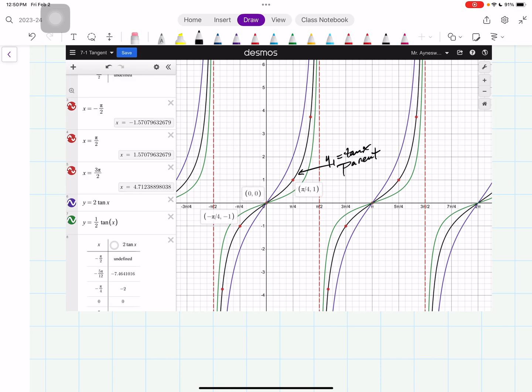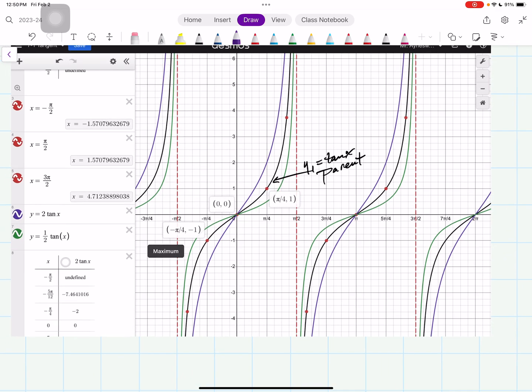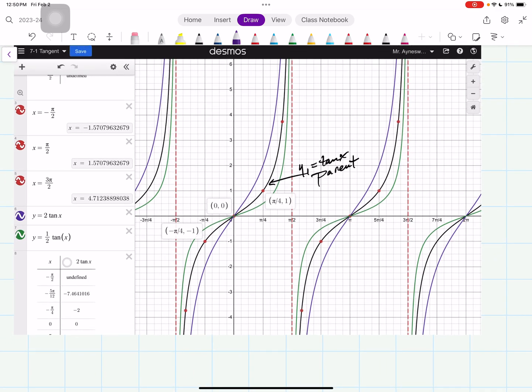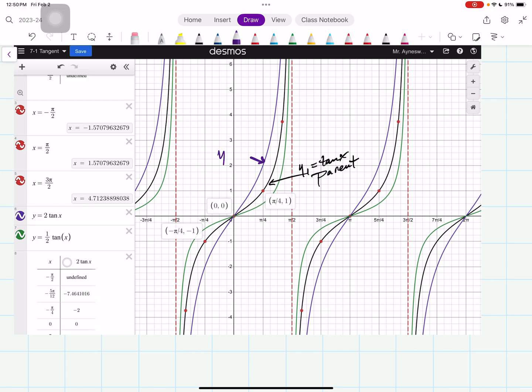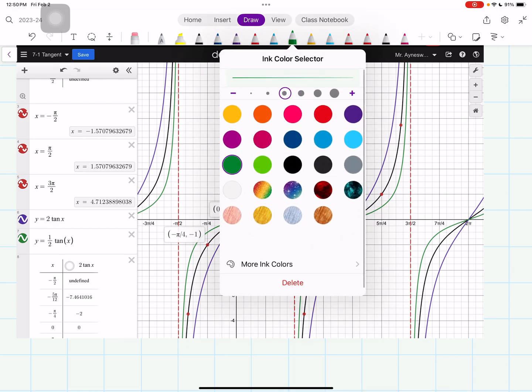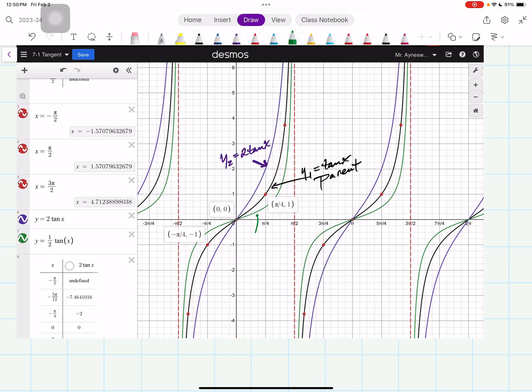The one in purple, as you can see on the left over here, says 2 tangent x, so y2 is equal to 2 times tangent x. And the green one, well, guess what? That right there is 1/2 times tangent x, because that's what it says over here on the left.